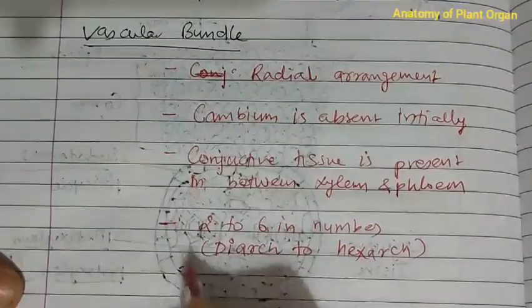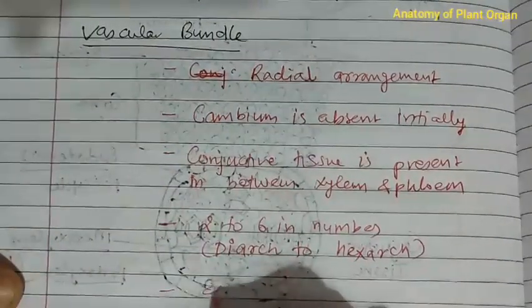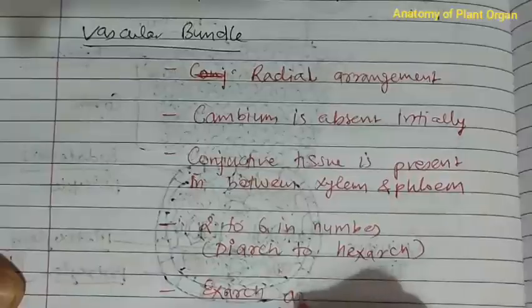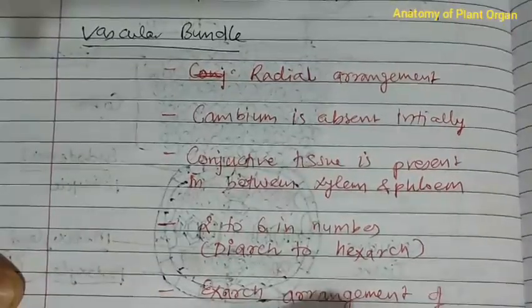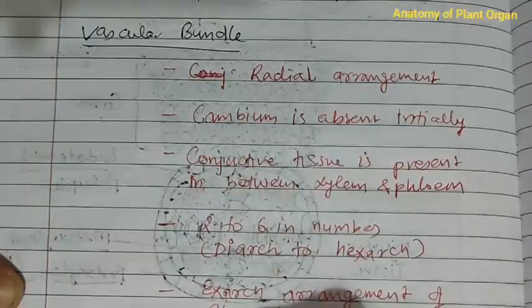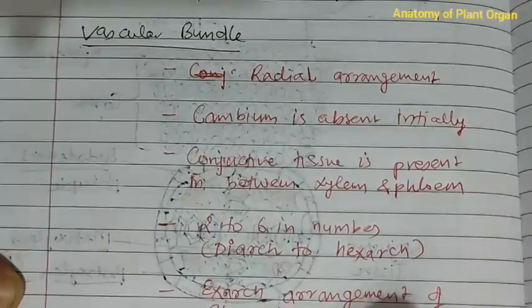After this 2 to 6 vascular bundle, exarch arrangement of primary xylem.